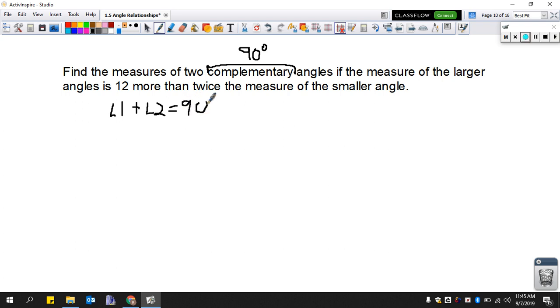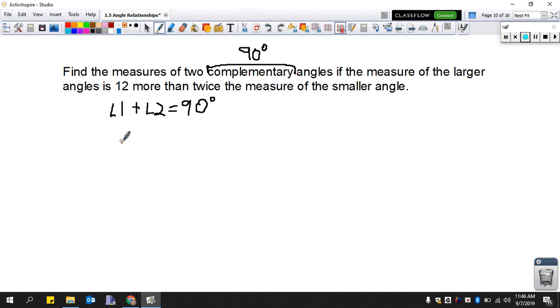And then we're going to look at how those 2 angles relate to each other. Well, we have a smaller angle and a larger angle. So we're going to say angle 1 is our smaller angle. I'm just going to use the letter S, or the variable S. That looks like a 5.